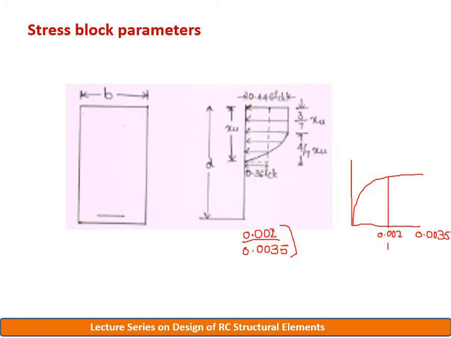Now from this point to this point, what is the strain? It is 0.0035 minus 0.002, divided by 0.0035. You will get the value 3/7 of XU. So this is how we arrive at the stress block parameter sketch.